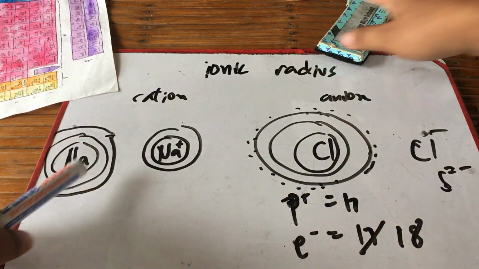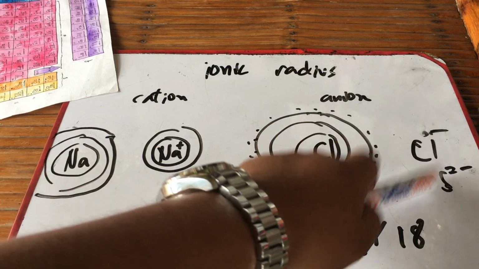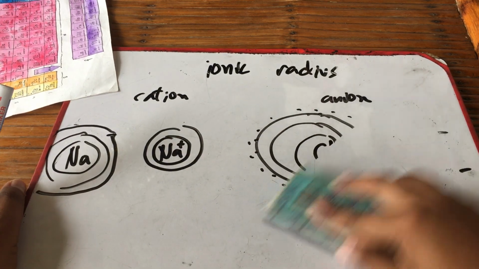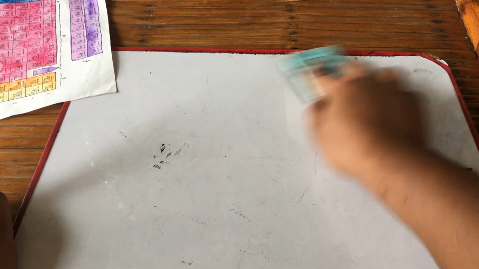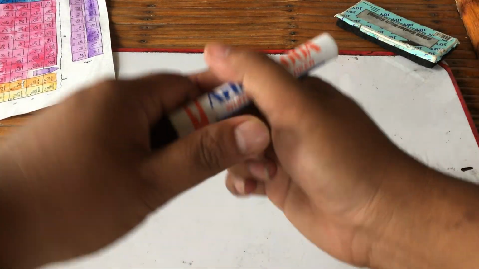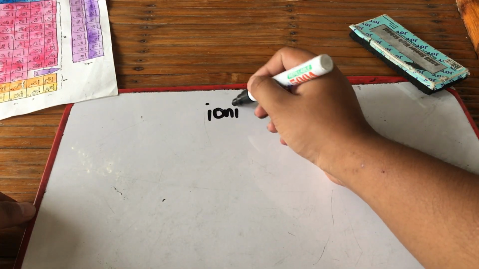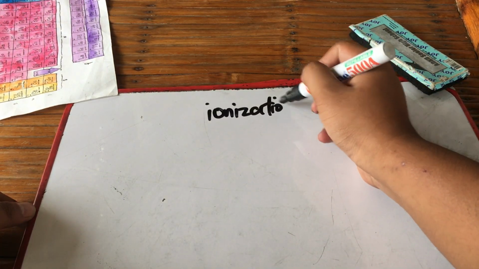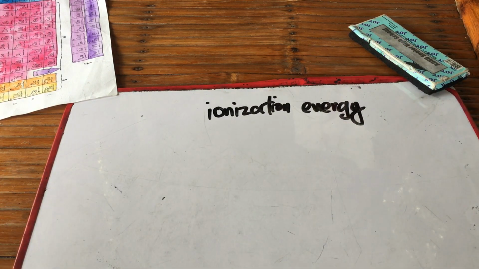So that's our ionic radius. Cation will become smaller, anion will become bigger. So remember that. Our third trend will be ionization energy.